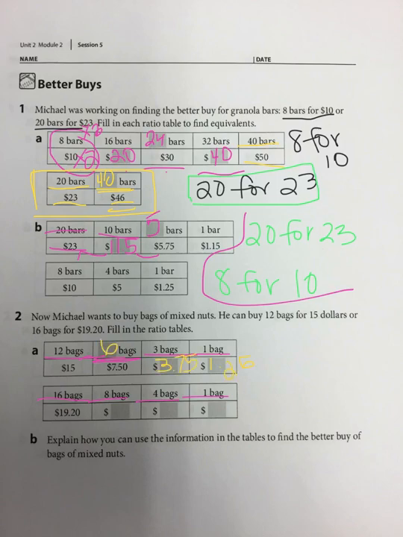Go ahead and check your work with what I have written here, if you can read it. I knew that half of 12 was 6, and I knew that half of 15 was $7.50. So 6 bags would equal $7.50. Then I knew half of 6 was 3. So then I knew if I was halving one number, I had to halve the other. So then I had to figure out what half of $7.50 was.